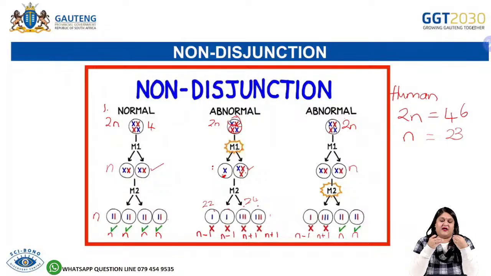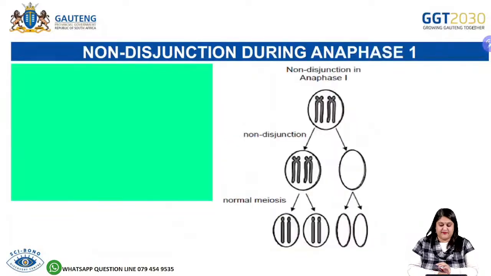And then you'll need to work out, they'll either tell you what the diploid number is or what the haploid number is, and then you can apply that. So if the haploid number for a dog is, say, 20, and it's n minus 1, then you must know that it will have 19. And if it's n plus 1, then it will have 21. But that is for application when you start doing questions.